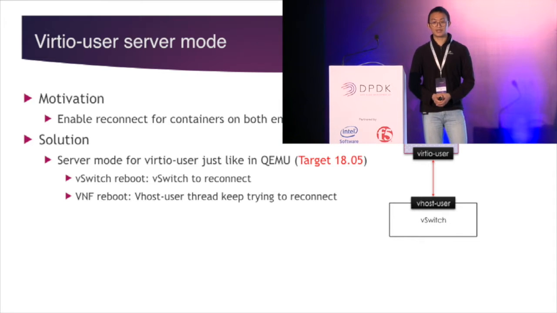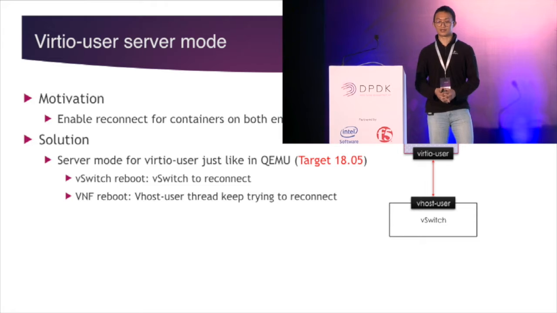So we use the guest to create a socket, and then if the VNF or the guest reboots, on the Vhost side, Vhost has a thread to keep trying to reconnect. So the reconnect is solved in both directions in this way.